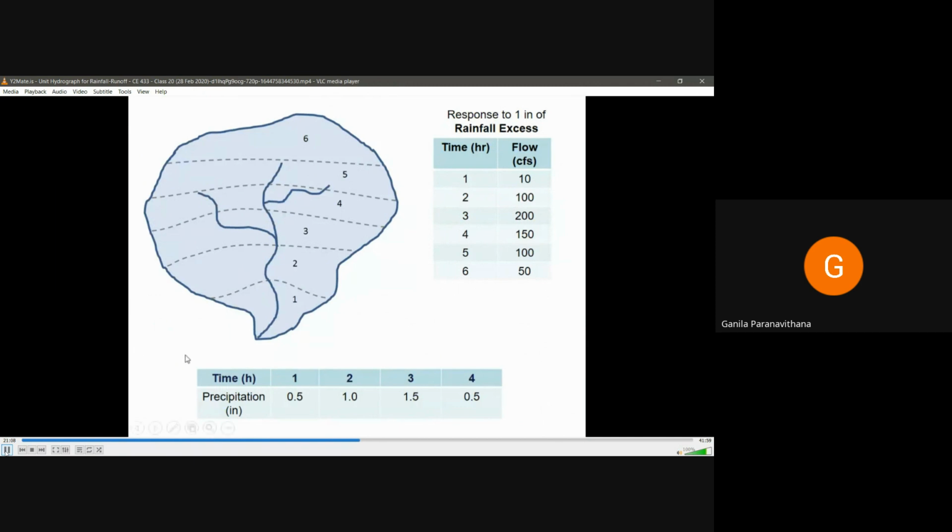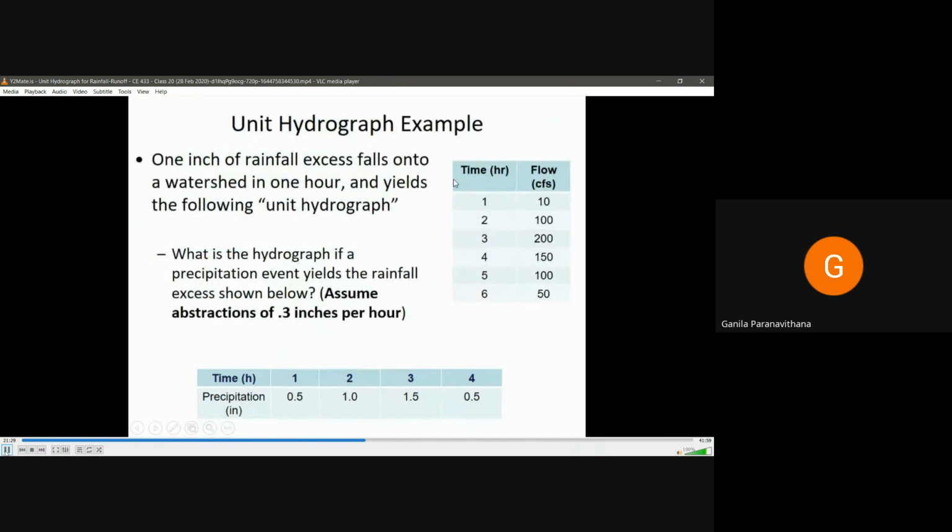What if we had a storm that in the first hour, there was 0.5 inches of rain. In the second hour, there was an inch. The third hour, 1.5, and in the fourth hour, 0.5 inches of rainfall. Then what would the hydrograph look like? And so that's what we're going to do with this template file that I've provided.